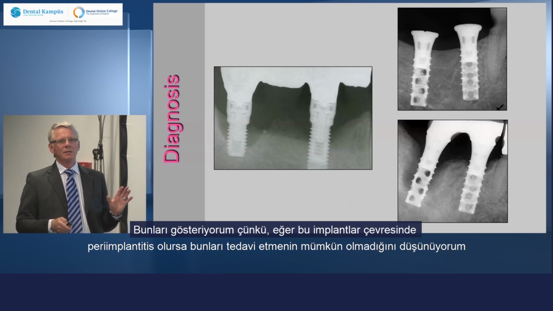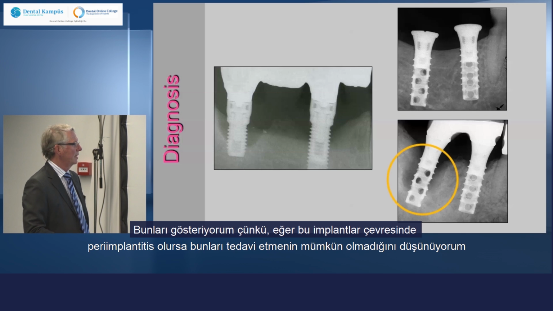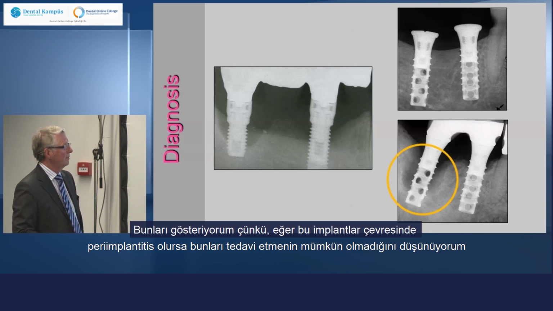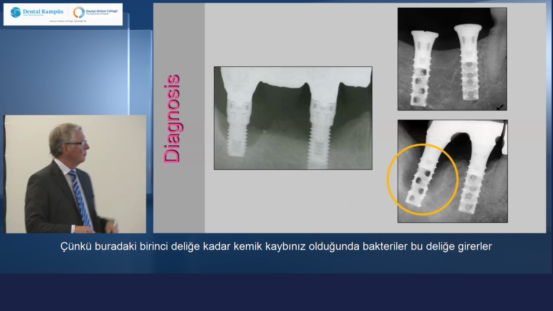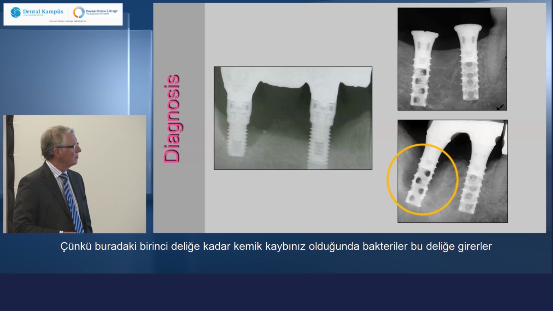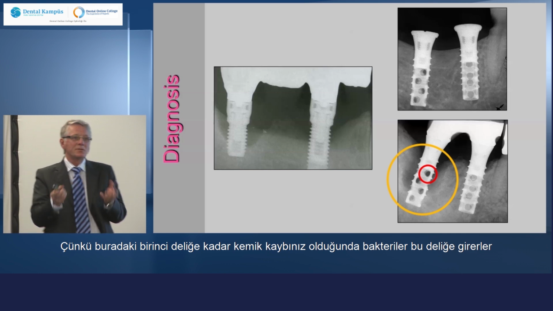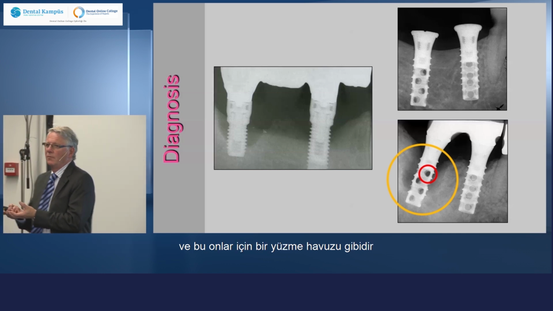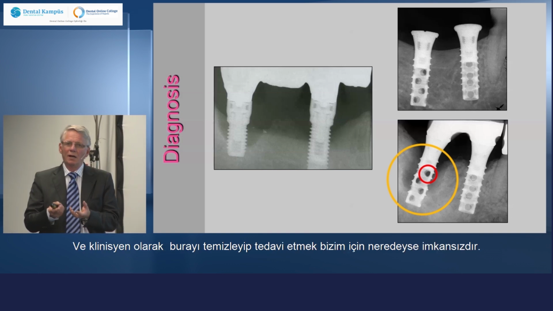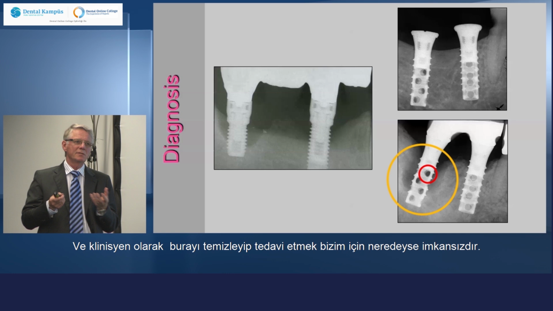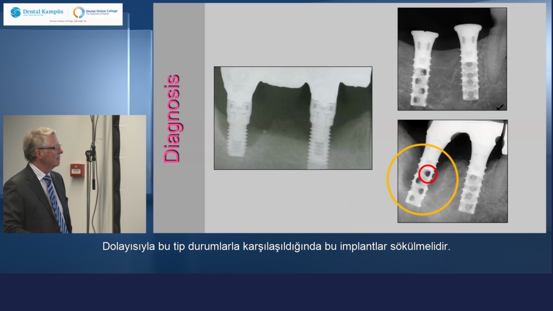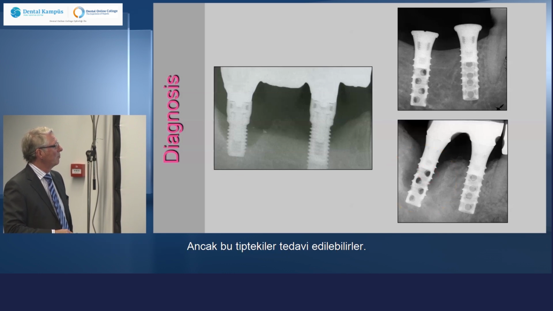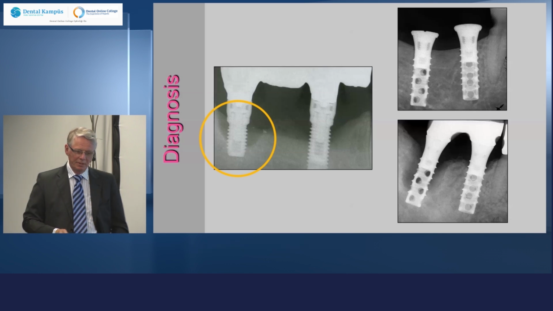I'm highlighting this because if we get periimplantitis around these types of implants, in my mind, it is not possible to treat those, because when you are down to the first hole, you will get the bacteria even inside the screw, and it's like a swimming pool for them, and it is completely impossible for us as clinicians to treat. So in these situations, they have to be removed, while these ones could possibly be treated.